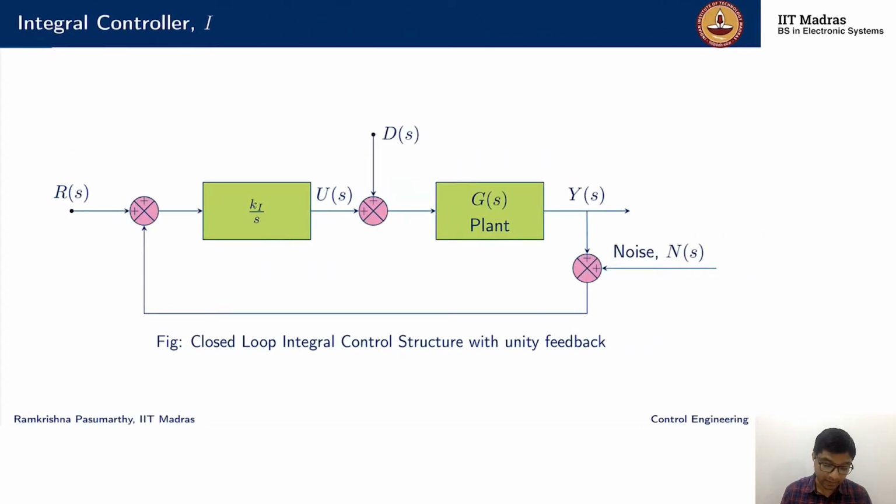Largely, the topics of discussion here would be to look at steady state errors, to look at the effect of disturbance and so on, and also the transient response, and see how different controllers sitting here have an effect on the output, on the steady state error, and also the ability to reject disturbance.